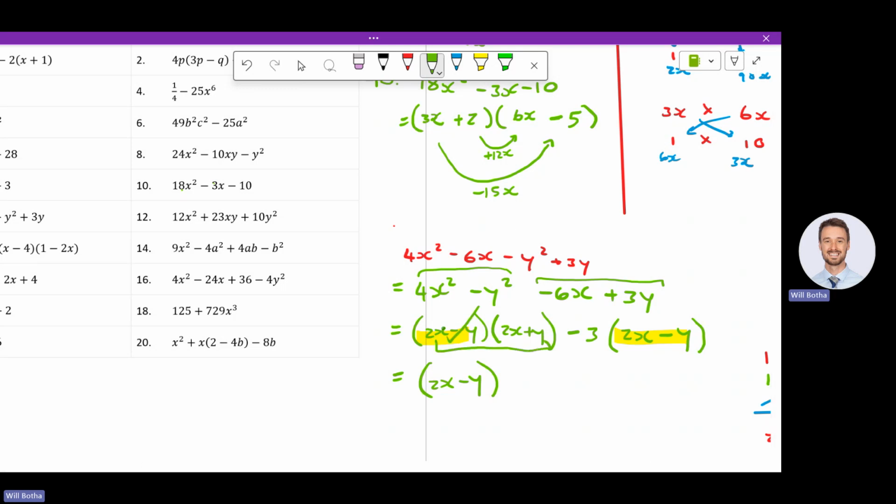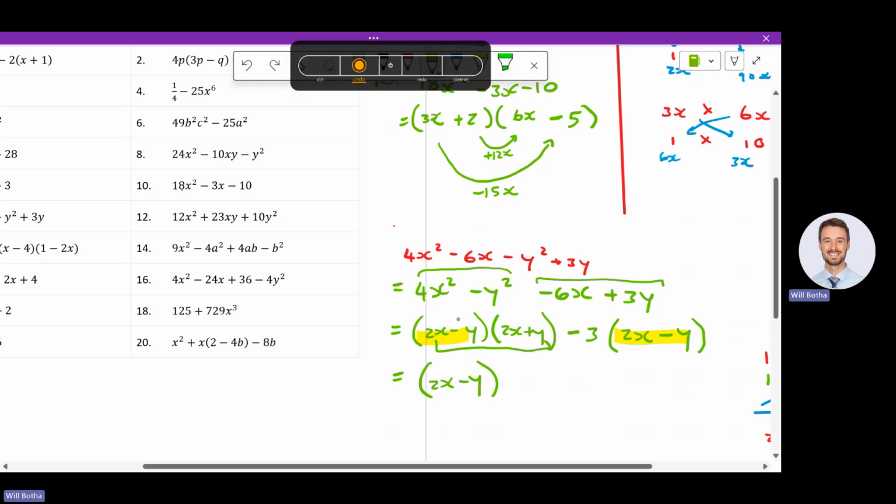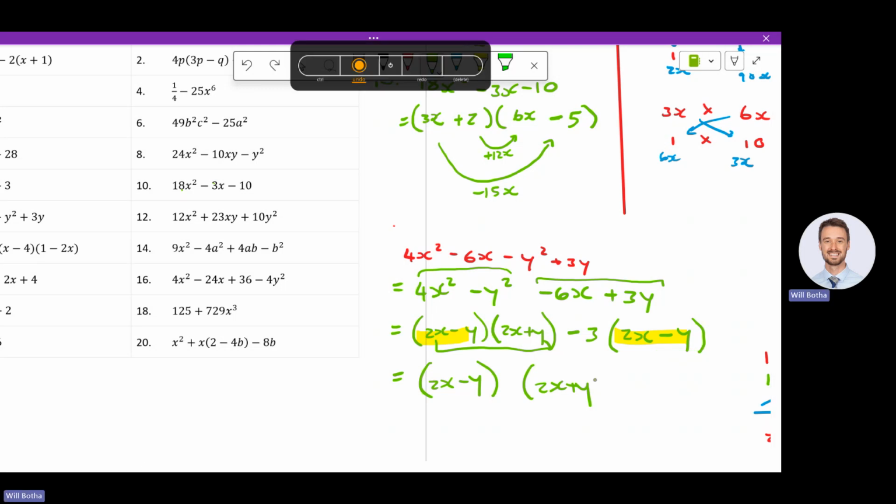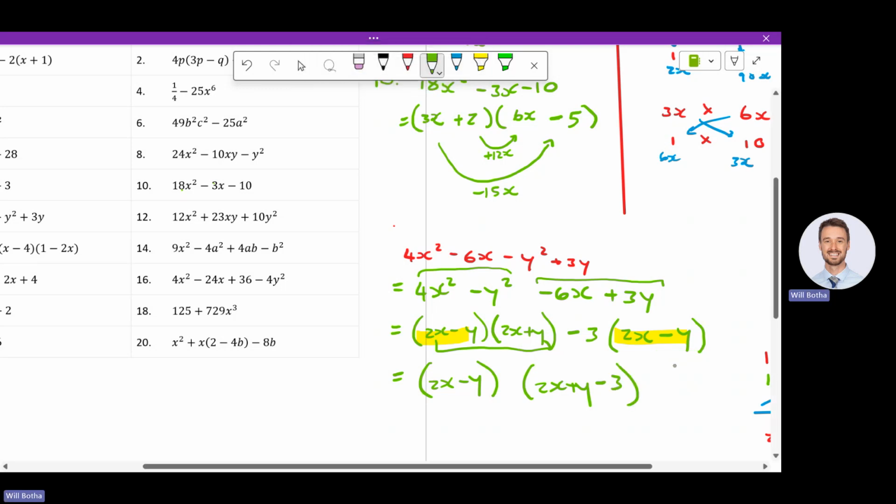The only thing that is left is 2x plus y. And what is left in this term if I factorize out the bracket? Negative 3. And that's my lovely grade 10 answer. It is a one-term answer. When I get one term, I know I factorized fully.